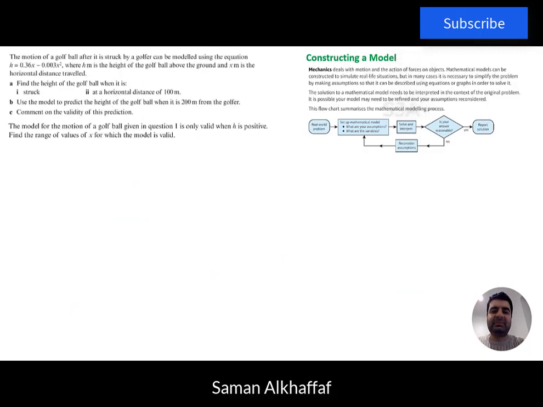In this example, we're asked to create a model for the motion of a golf ball, and the question is shown above, when h is positive. So we have answered the parts A, B, C previously.